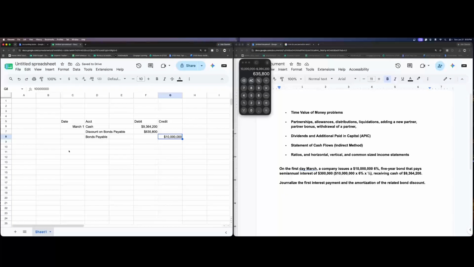Journalize the first interest payment and the amortization of the related bond discount. So that was the day that it was issued.